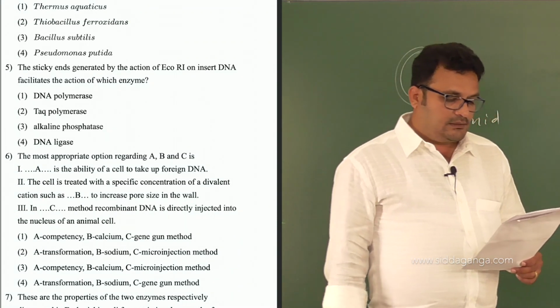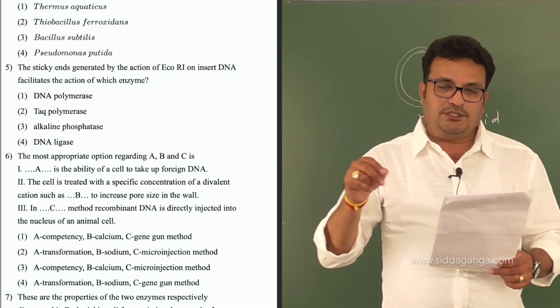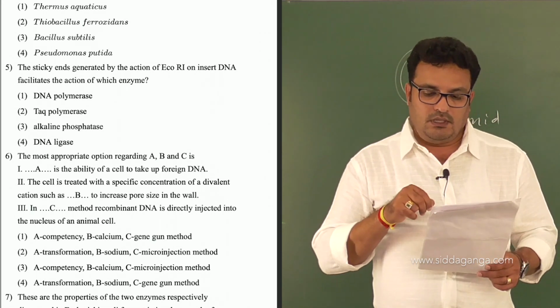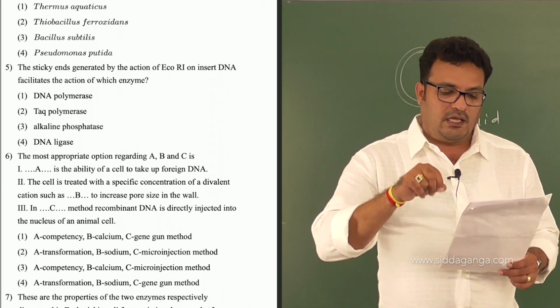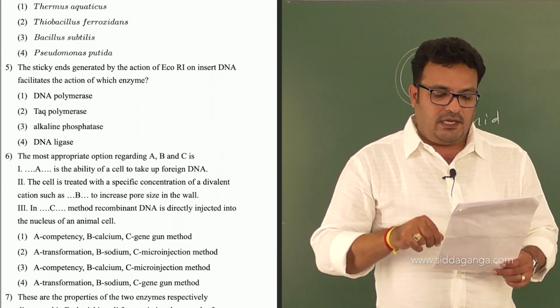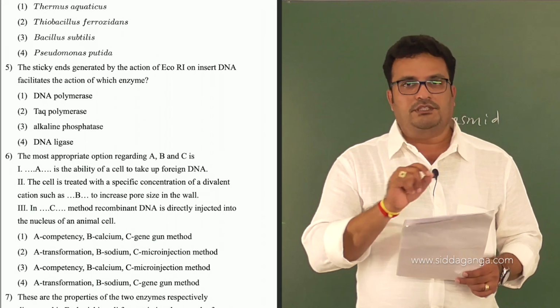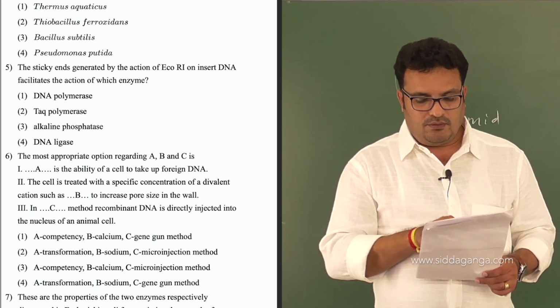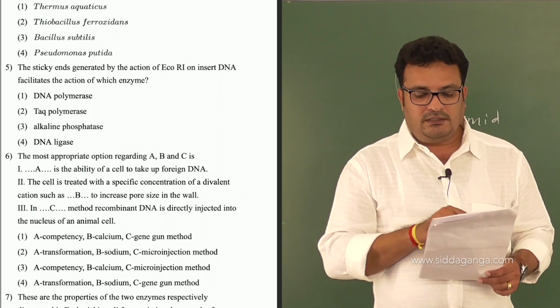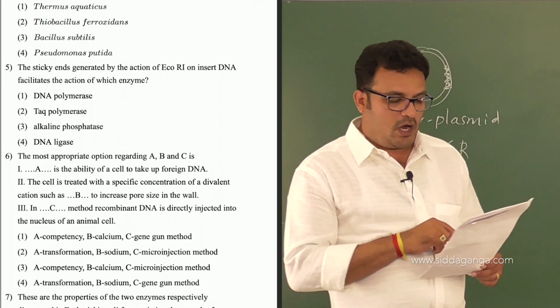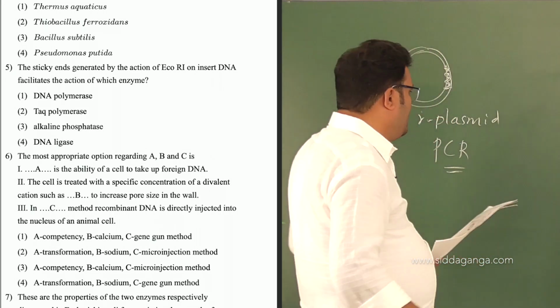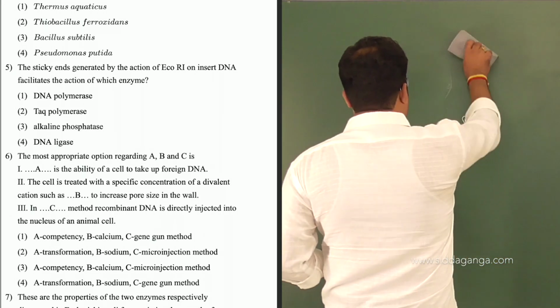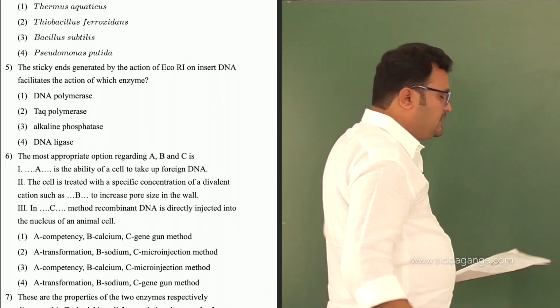The sticky ends generated by the action of EcoRI on insert DNA facilitate the action of which enzyme? See, once again, the sticky ends generated by the action of EcoRI on insert DNA facilitate. As I told you, sticky ends are produced.